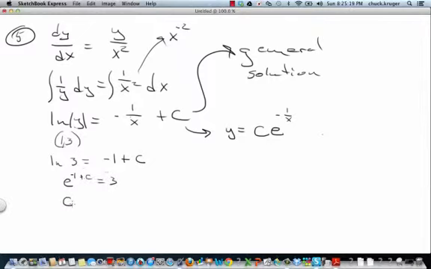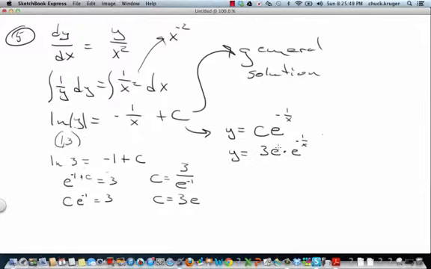That means c e to the negative 1 equals 3. Well, that means c is equal to 3 over e to the negative 1, which is the same as 3 to the e. So that means my constant here is 3e times e to the negative 1 over x power.